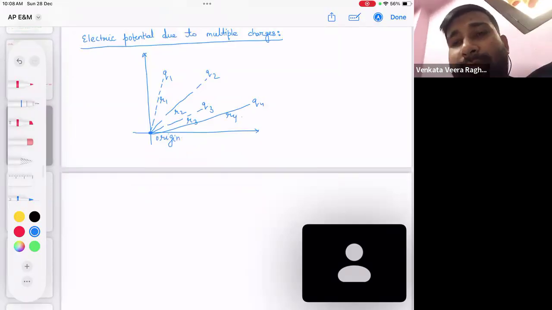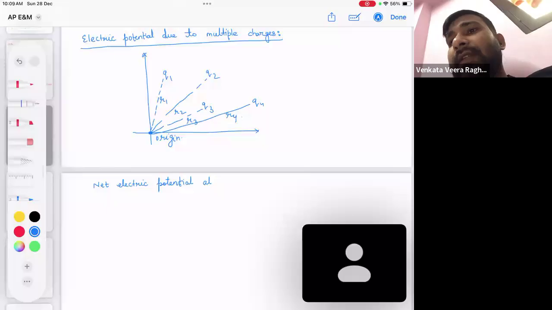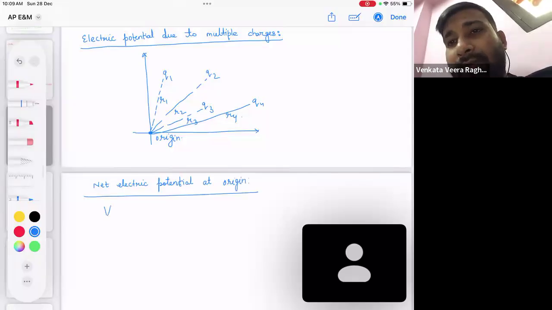If we want to calculate the net electric potential at the center or origin, what should we do? Let's calculate the potential due to charge 1, then the second charge.